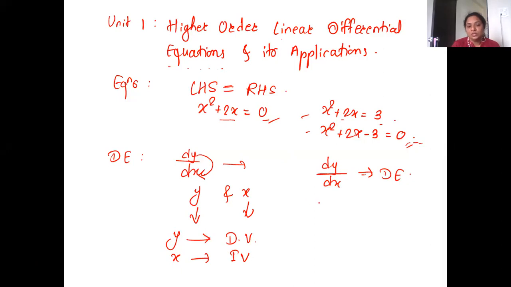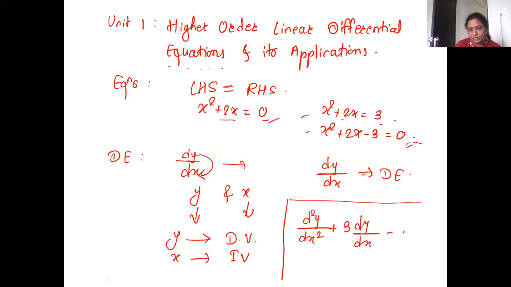So now you will have to look at order and degree, right? So this is d2y by dx square plus 3 dy by dx is equal to say x. Is this a differential equation? First question.